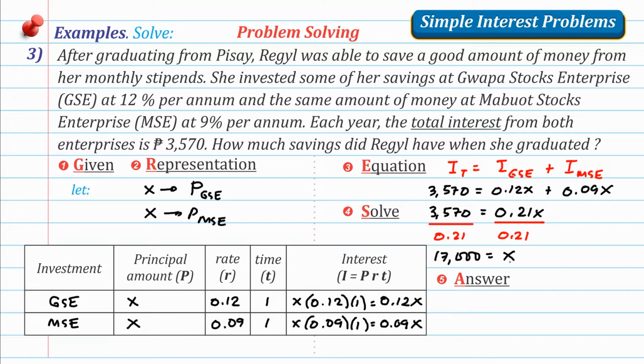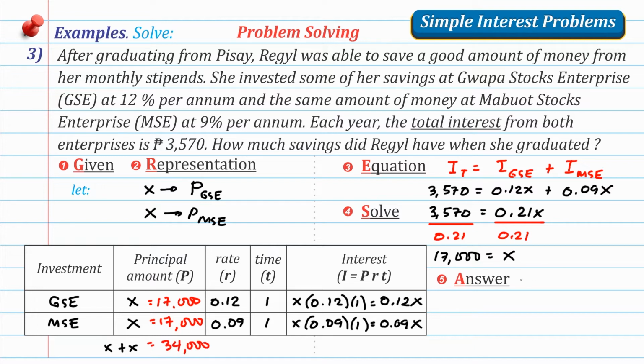Now, what is the answer? Don't get too excited. Baka ang sagot mo kaagad is X 17,000 pesos. No. As you can see, ang tanong is, how much total savings did Regil have? Bakit sir sinabi mong total? Wala naman nakalagay na total. Take note, ito pong kanyang savings, it's the total of these two principal amounts. So it's X plus X. Now, if this were 17,000 pesos, and this is also 17,000 pesos, that means the total is 34,000 pesos.